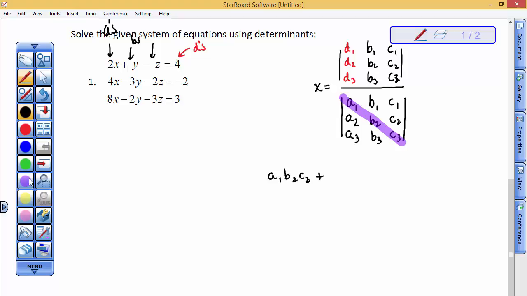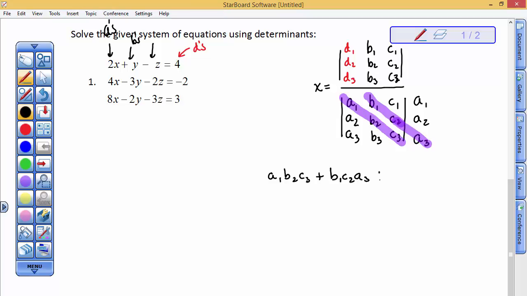And then add. Cramer discovered that you needed to take b1 times c2, but you had to come over here and multiply that by a3. So what Cramer did is copy this column right here, copied it over, and discovered that he'd take b1 times c2 times a3.